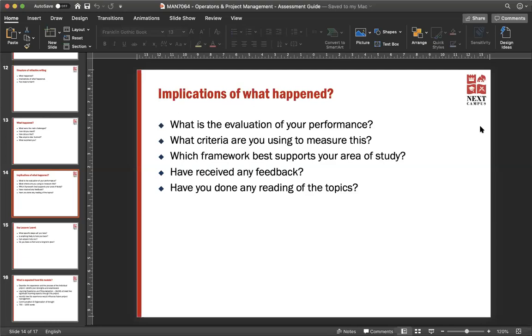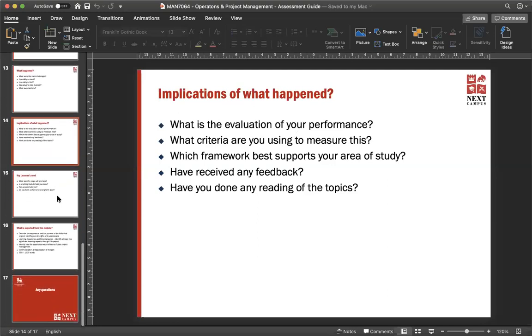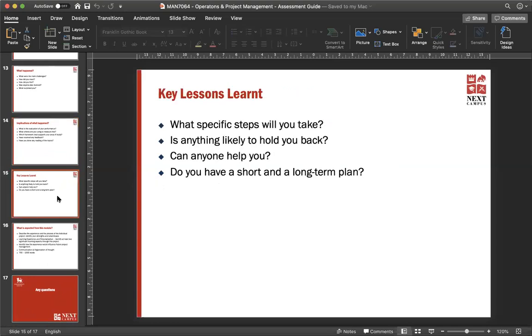Is it possible for you to explain with an example, maybe? Right, I'll come back to that. Give me a few minutes. Then the second one is key lessons learned. What specific steps will you take? Is anything likely to hold you back?